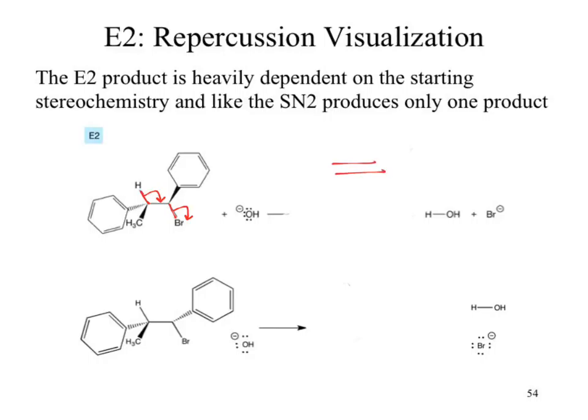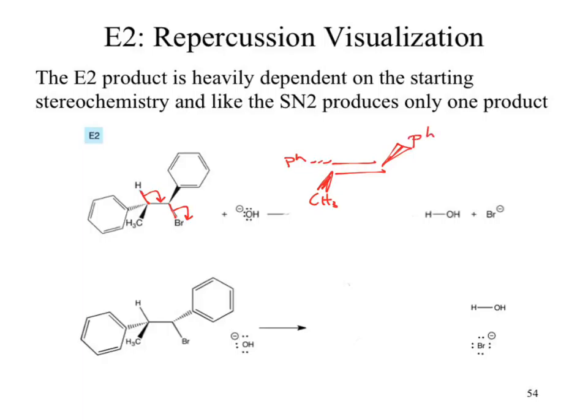We now have the double bond. What happens to the arrangement of the phenyl groups and the methyl relative to each other? They stay the same because everything's happening at the exact same instant. They cannot change locations, which means when I set up my elimination, whatever conformation I'm in, I must be maintained in that conformation.